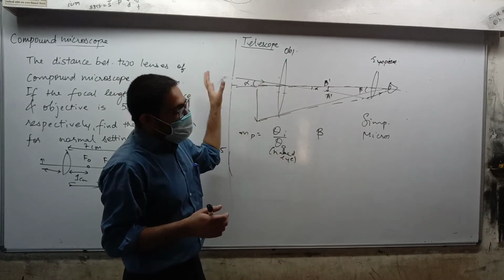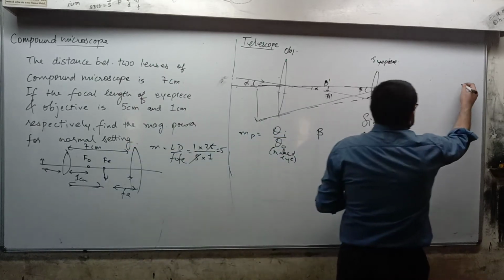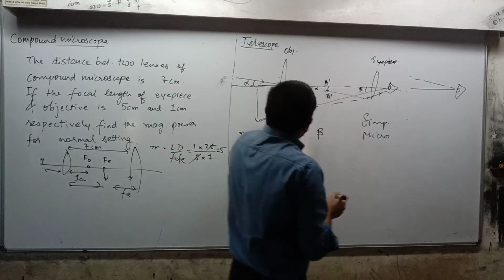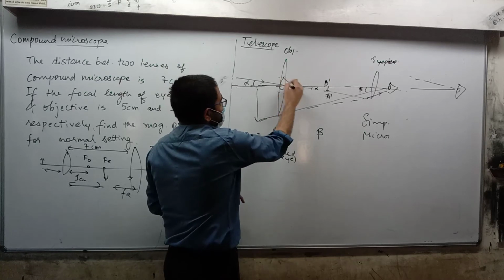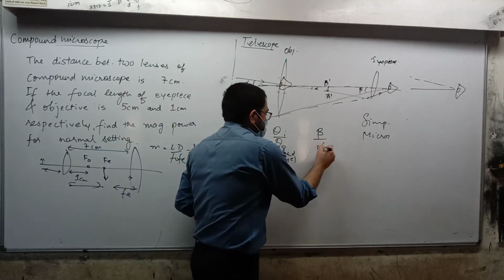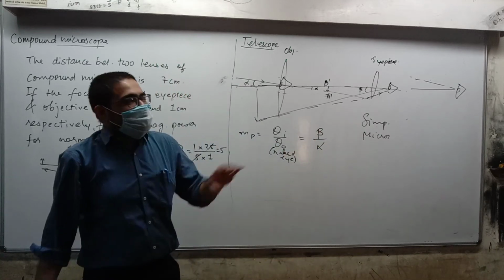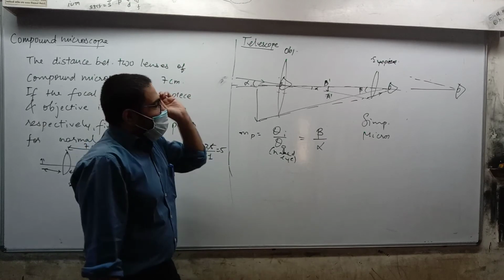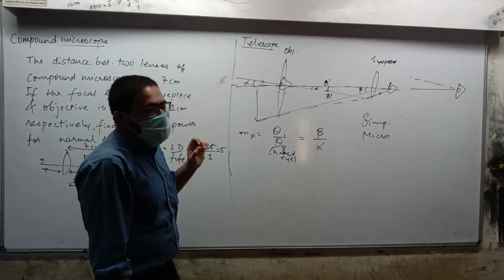Without the telescope, you see it directly. So light comes in the same way as it does here, instead of this lens you have your eye. So that is why this is beta. Now we just have to find out beta and alpha.